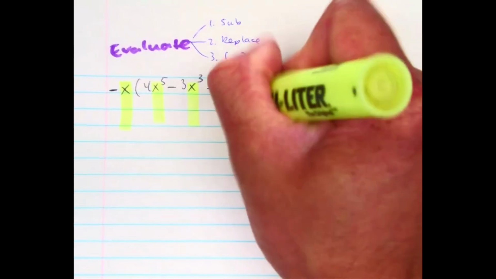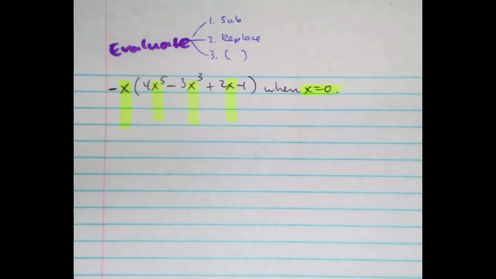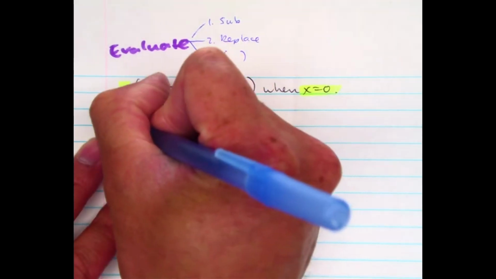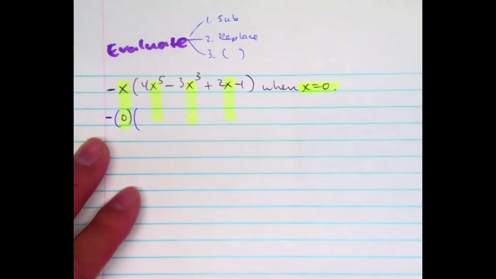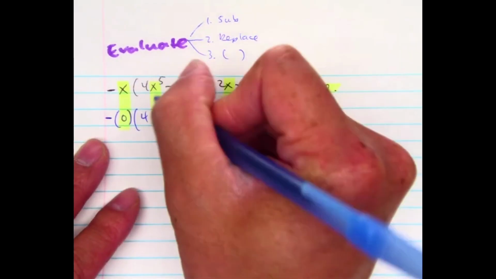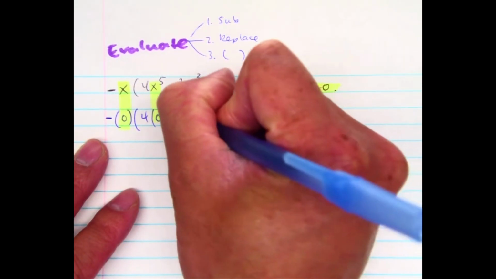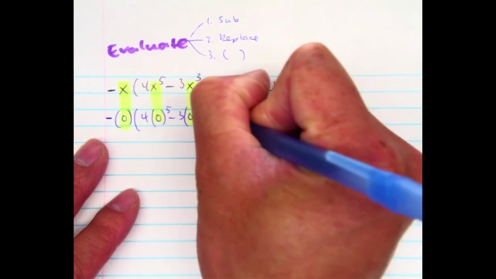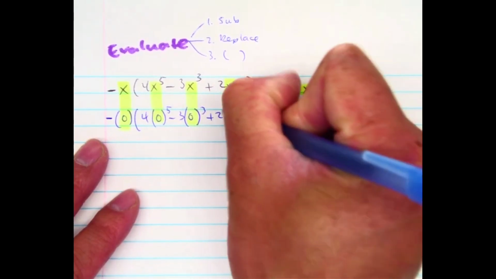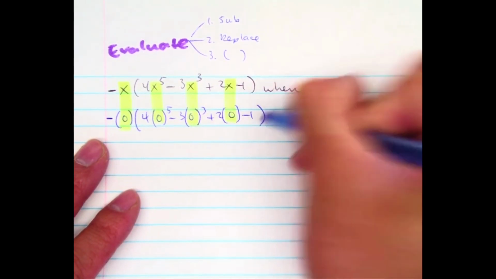Parentheses with a 0. So I have the negative sign, 0. And if there's too many parentheses for you, you can always use a different grouping symbol, such as brackets. 0 to the 5th power, minus 3 to the 3rd power, plus 2 to the 0 power, minus 1.